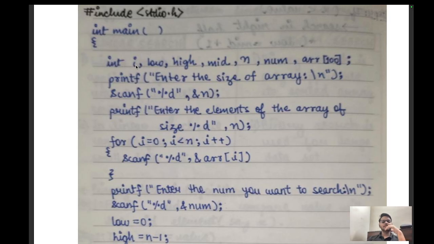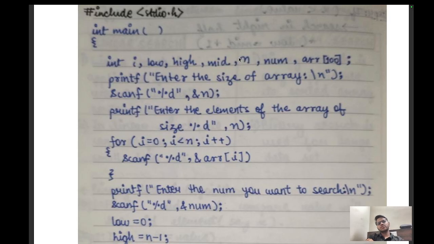Now the things that change here are i, low, high, mid, and n. What is mid? I have told you before also that mid is the middle value of the array in which you are searching, and n is the size of the array.